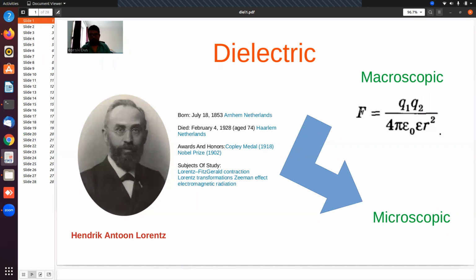Before Lorentz, the fundamental law was there: q1 q2 by 4 pi epsilon r square, the force between two charges. But in the microscopic world, how do you think about that force? There is a medium which screens the charges, so there is a reduced force that is scaled by epsilon.